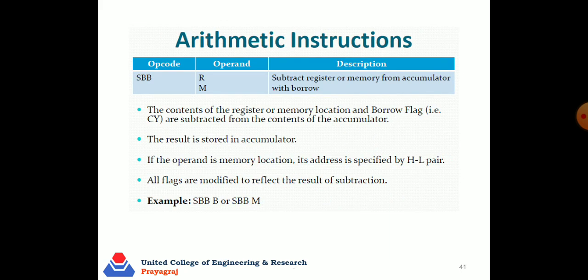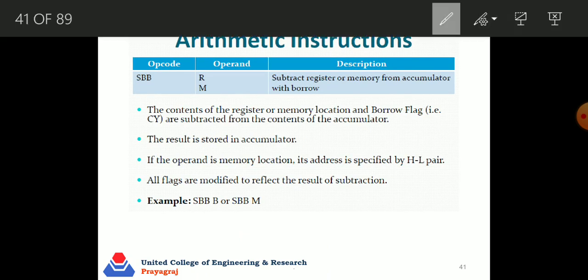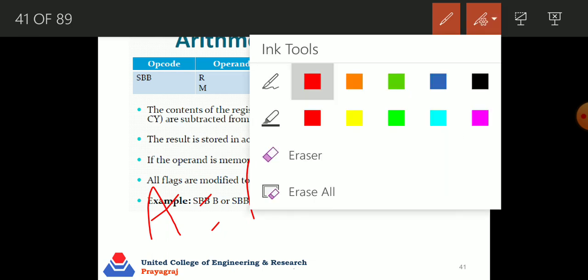Very similar instructions. It is SBB. Here SB stands for subtraction and B stands for borrow. That means subtract the register or memory from the accumulator with borrow, like SBB B. So it will be A is equal to A minus B minus 1 if it is a borrow. Sorry, it is not minus 1.